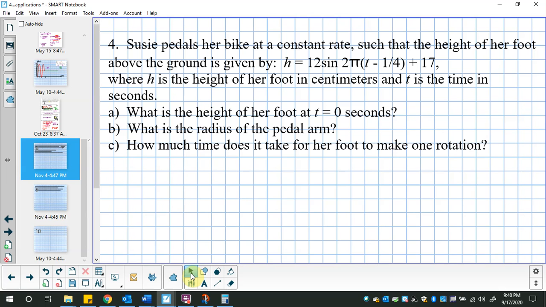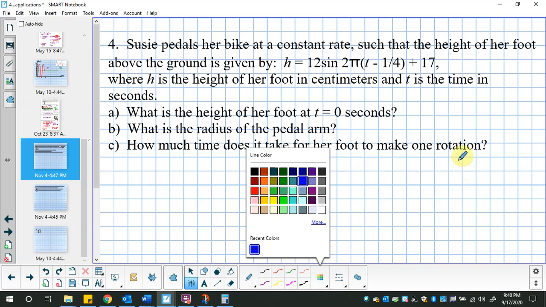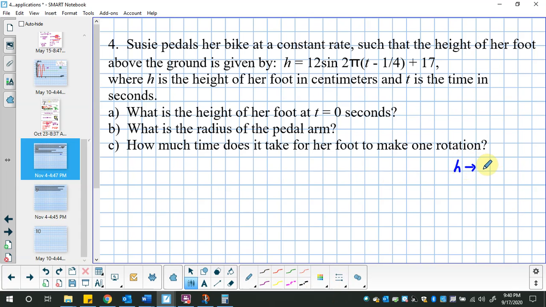H is the height of her foot in centimeters, and time is in seconds. So it says, what is the height of her foot at t equals 0 seconds?